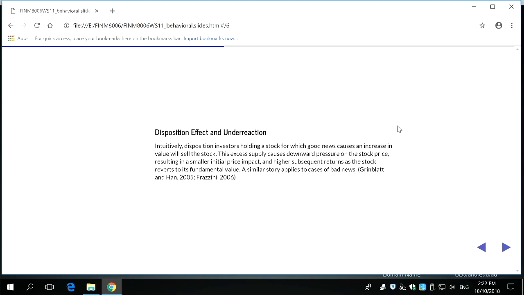So the stock supply, or the selling of the stock, will increase with the price gain. So this part of the price gain will be offset by the increased selling. So the increase in price will not be up to what it's supposed to be initially.